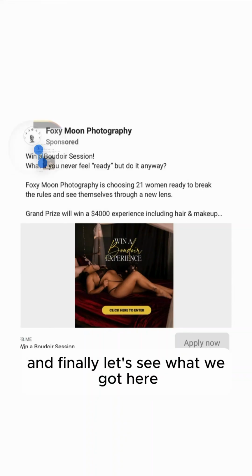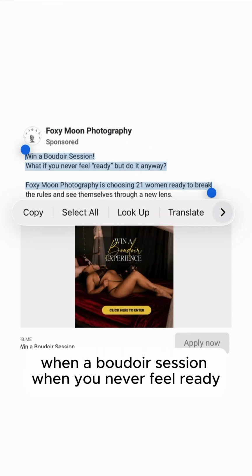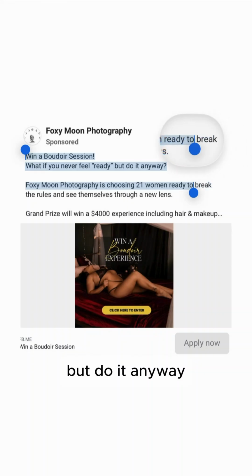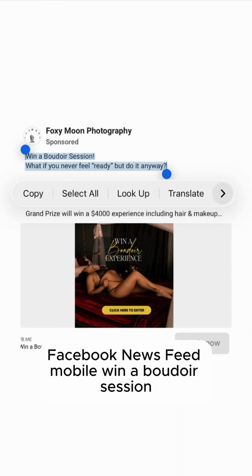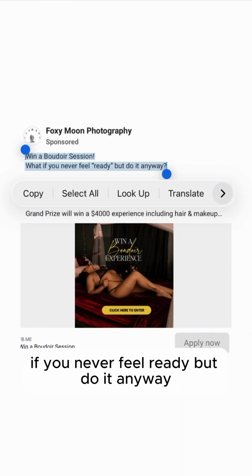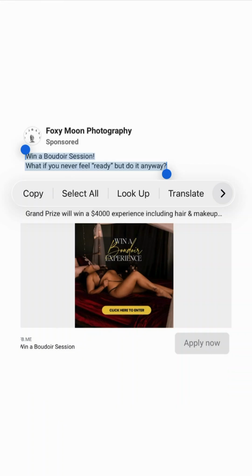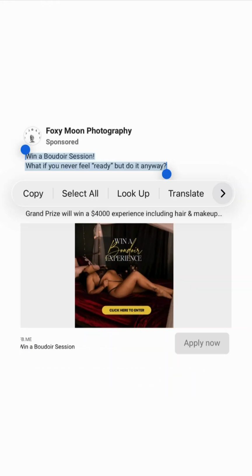And finally, let's see what we got here. In a Boudoir session when you never feel ready, but do it anyway. So looking at the see more headline here, first 2 3/4 lines, Facebook newsfeed mobile. When a Boudoir session, if you never feel ready, but do it anyway. All right, yeah, lack of context mistake here. Most common thing that I'm seeing the most of.